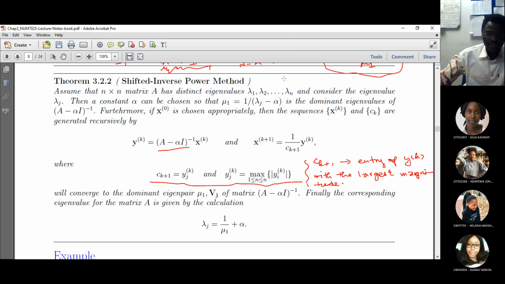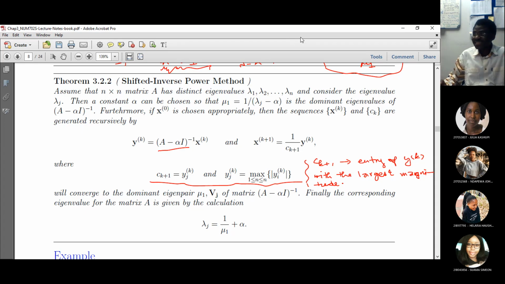Right. Okay. So now you see we have two sequences that we are constructing. We have the sequence of ck, and the ck are just numbers, because the entry of a vector is a real number. And you have the vector, which is xk. The xk are vectors, and this is a number.